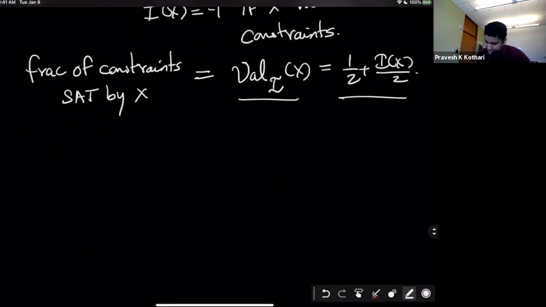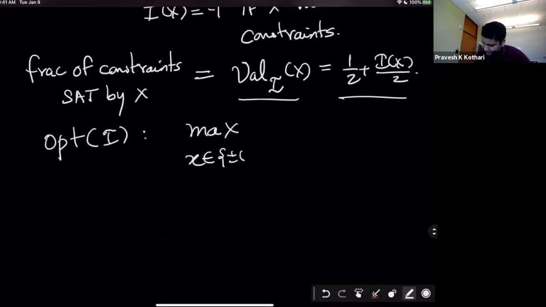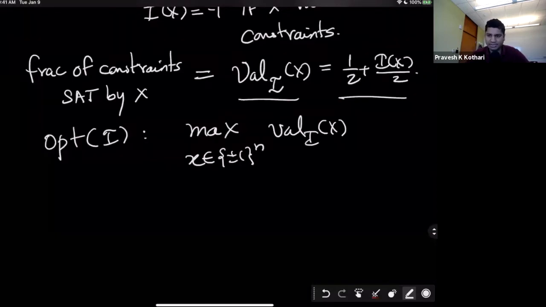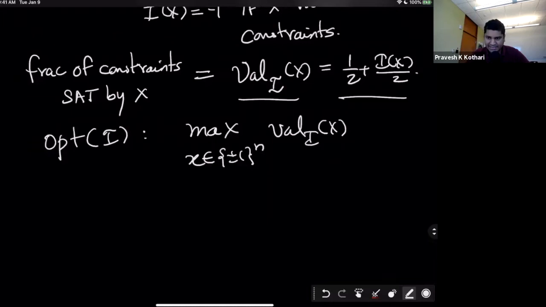And the final definition is opt I, which is the maximum over all x of val I of x, which is basically saying, what is the fraction of constraints that any assignment can satisfy? What's the maximum possible fraction of constraints that any assignment can satisfy? Okay. Good.